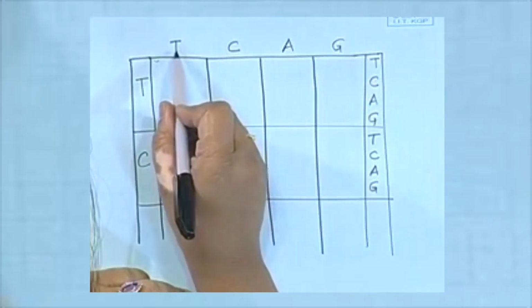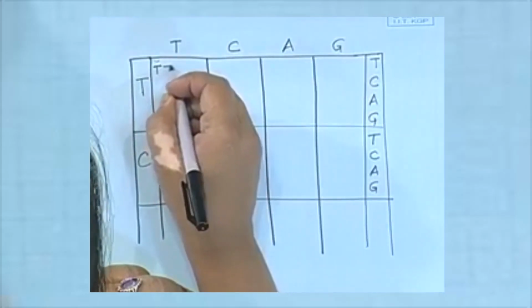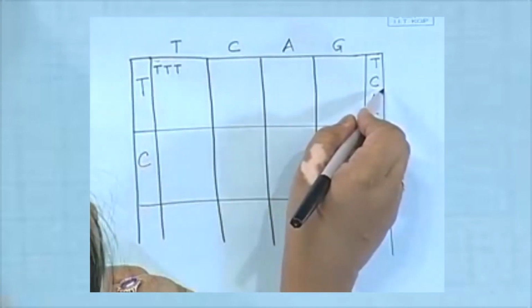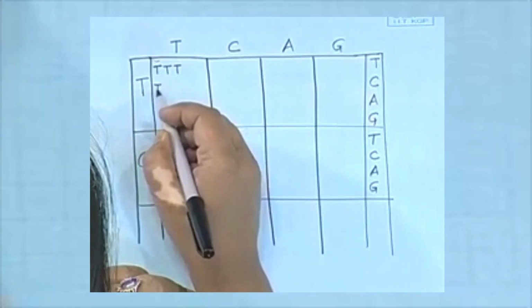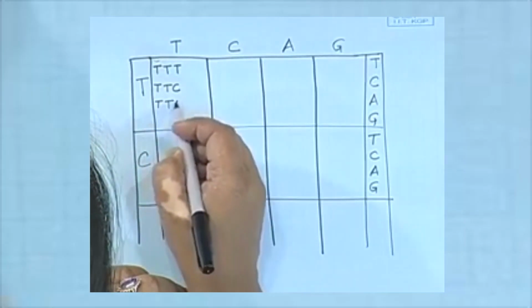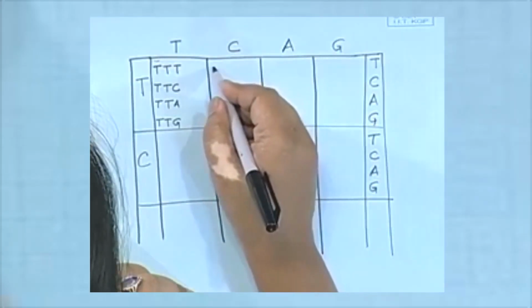So, what is the first? T, T, T. The second one will be T, T, C. The third one is going to be T, T, A, and T, T, G. In this case, we have T, C, T, because the first one is T. This is the first position, this is the second, and this is the third position.